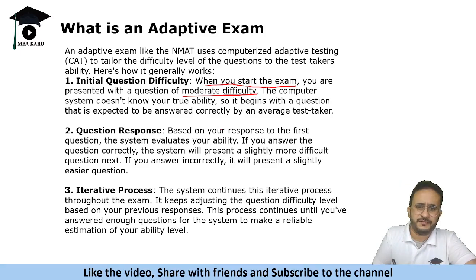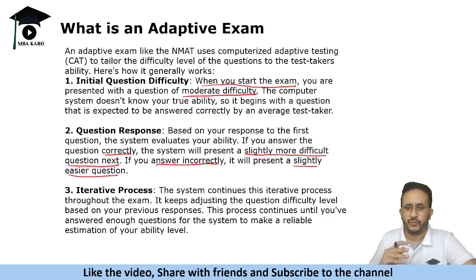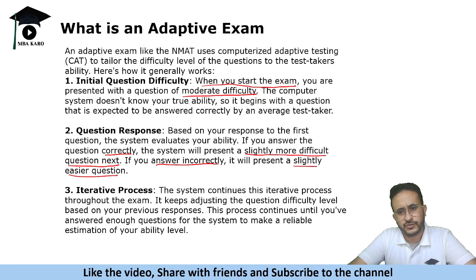If you answer correctly, it will give a slightly more difficult question, and if you answer incorrectly, it will present a slightly easier question. This keeps on going: if you answer correctly the level keeps on increasing, if you answer incorrectly the level goes down, and based on this you get the final score.